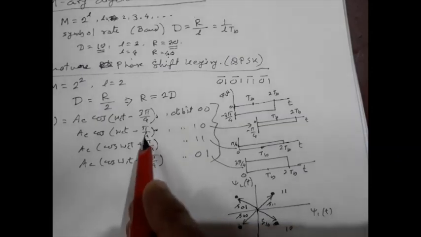This one is 1 0, minus 3π/4 means 0 0, and this one is for 0 1. And instead of π/4, if we take 0, then one point will be here, next point here, then here, then here. So in this way we can modify this system.